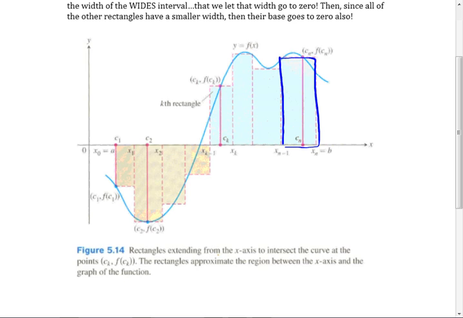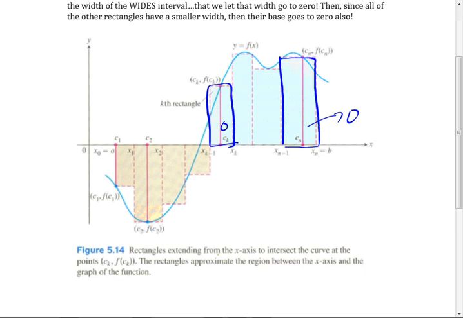It can be any of them. The condition is if I take this one and if this is the biggest width, I want this length to get smaller and smaller and go to 0. Now remember, that's the biggest width. And what's got to be true about this one? If this is the biggest one, it's going to be smaller. Well, if this one goes to 0, well, what's going to happen to this one? It's got to go to 0. It's smaller. This one's smaller. So if this delta x, I want to shrink this, and these are forced to be smaller.